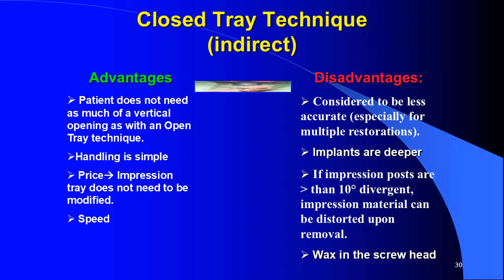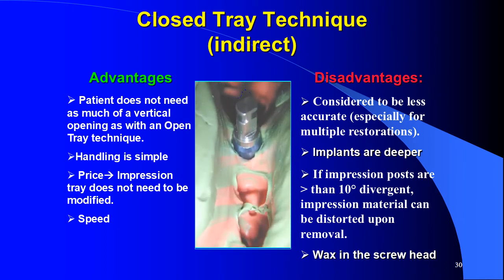We have many advantages and disadvantages for this closed tray technique, or we call it the indirect technique. The advantage is that the patient does not need as much of a vertical opening as with an open tray technique. Handling is simple. The impression tray does not need to be modified.